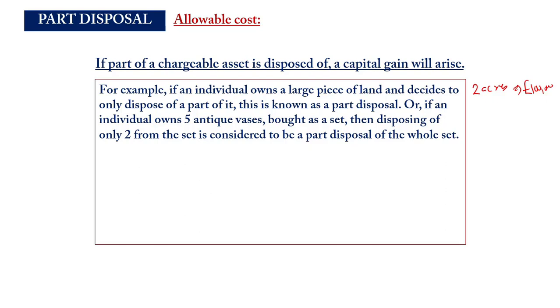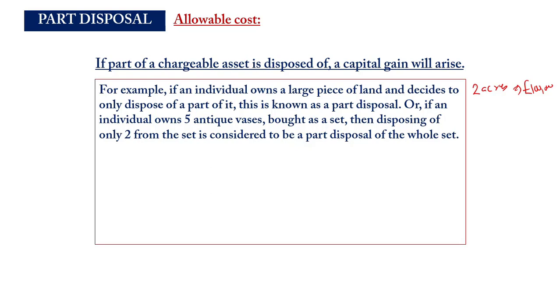So if you bought 2 acres of land and we are selling one off, how much cost is the one being sold off going to bear? So that we compare it with the proceeds and then arrive at the gain. With the antique vases, maybe the vase comes together and you paid for it.